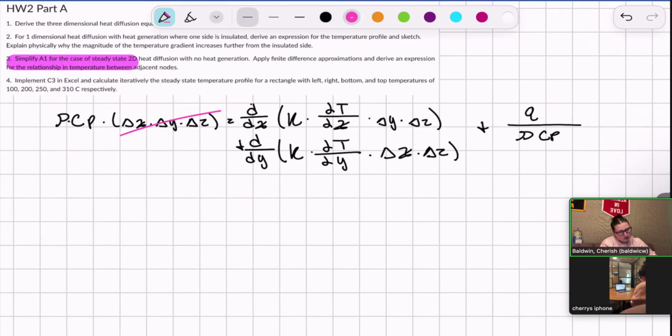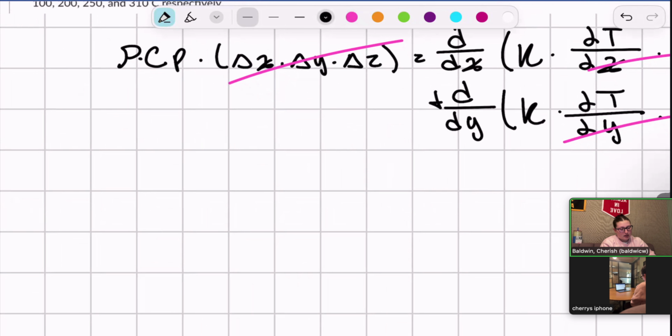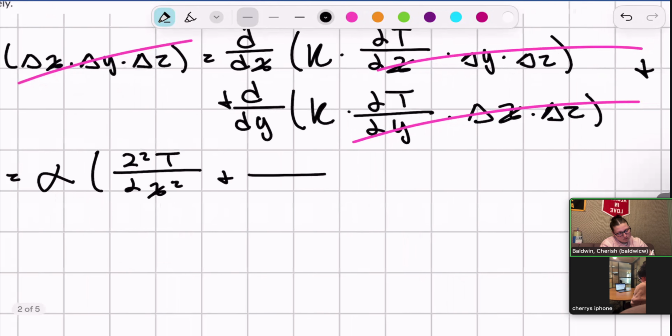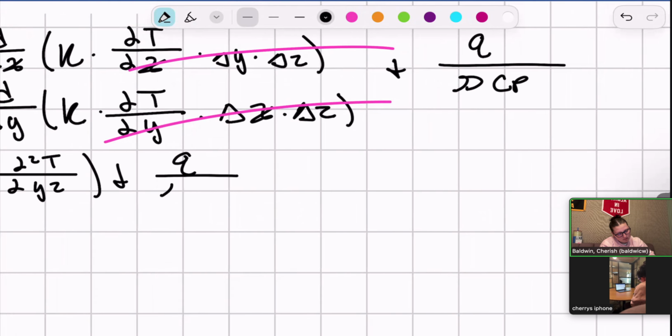Then we can cancel out the volume, and we can do the Laplace of this equation. Alright.